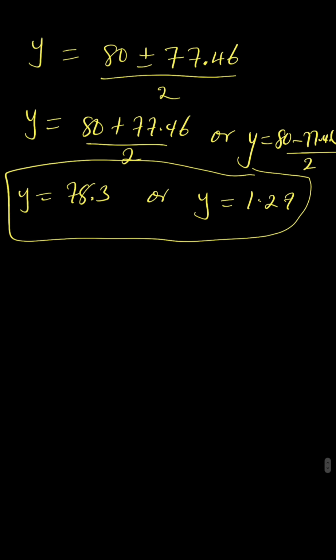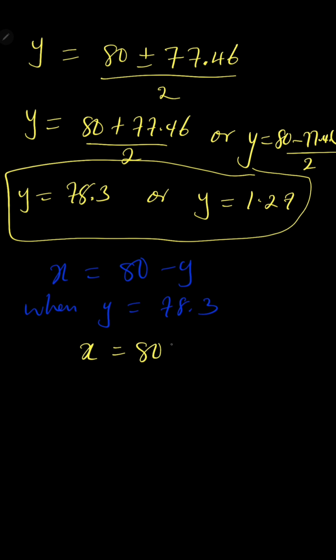So when y is 78.3, x will be 80 minus 78.3. 80 minus 78.3 will give us that x is 1.7.